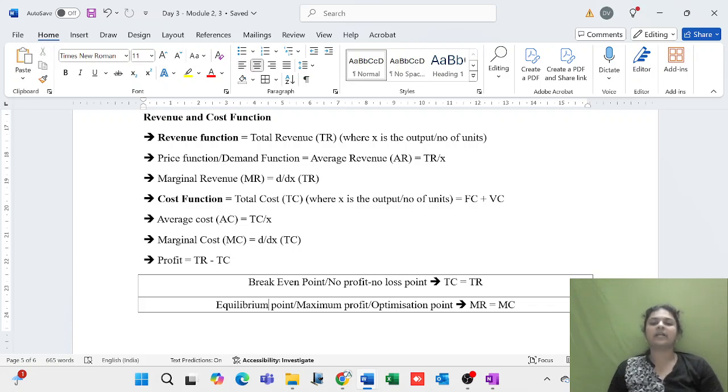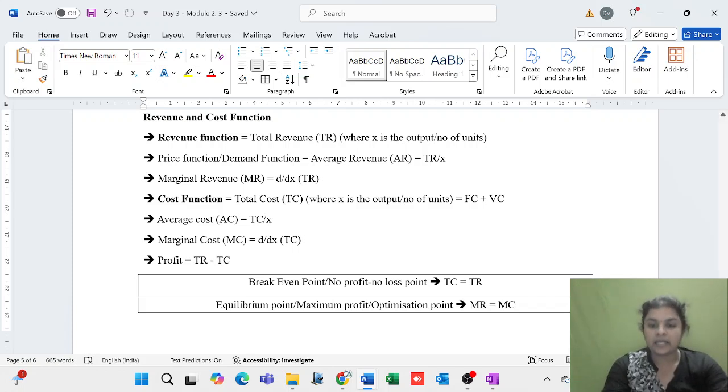Similarly, when it comes to the equilibrium point, maximum profit or optimum profit, or optimization, in any of these words, it refers to the equilibrium point. And the rule of equilibrium you might have learnt in economics also. The rule of equilibrium is marginal cost is equal to marginal revenue.